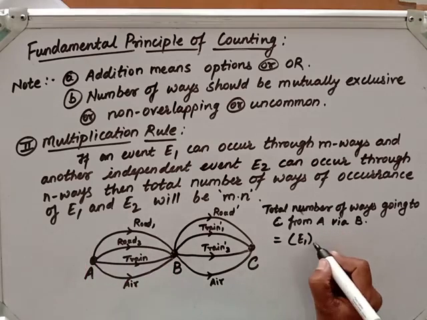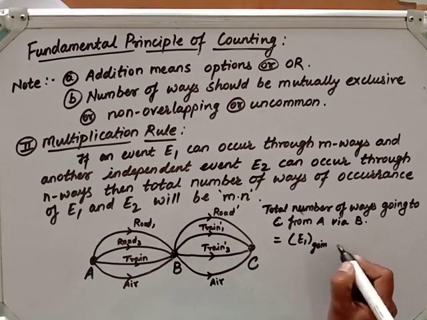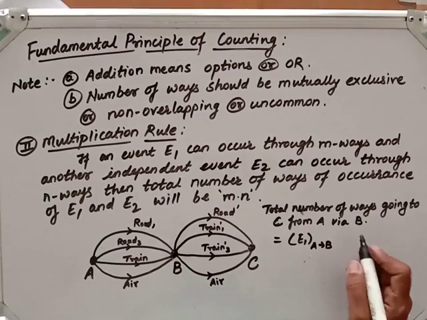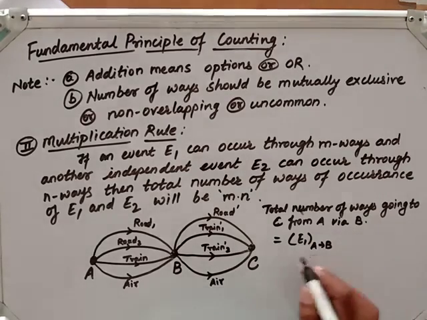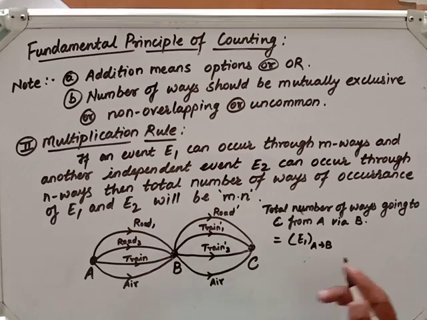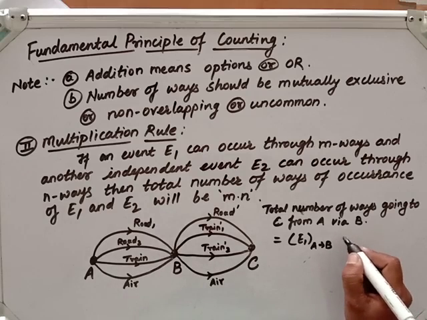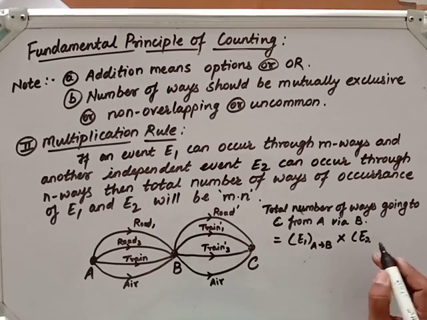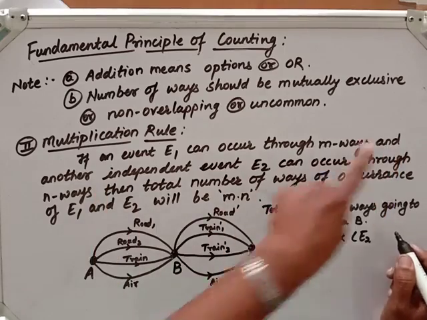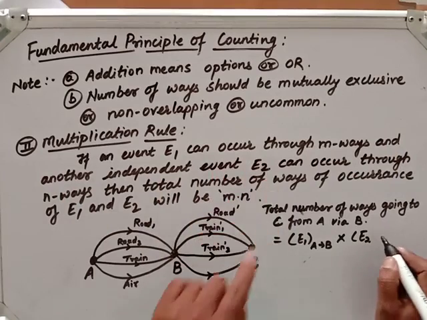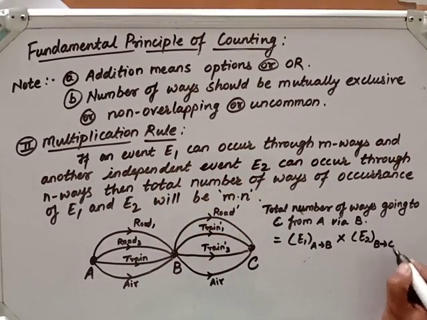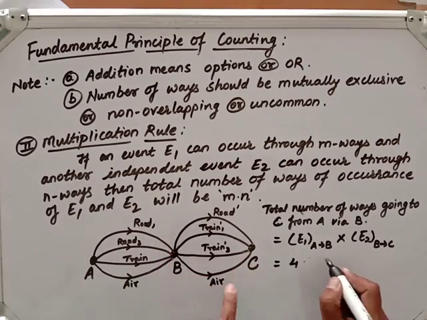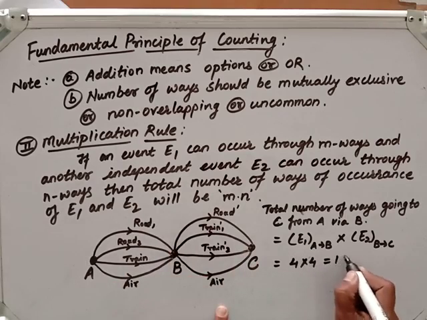So event E1 will be from A to B. Then and another, B to C. And means what? A product. Different events are these. Here also another independent event E2, so E2 will be from B to C. So event E1 can occur by how many ways? 4 ways. And event E2 can occur by how many ways? 4 ways. So total how many ways are there?